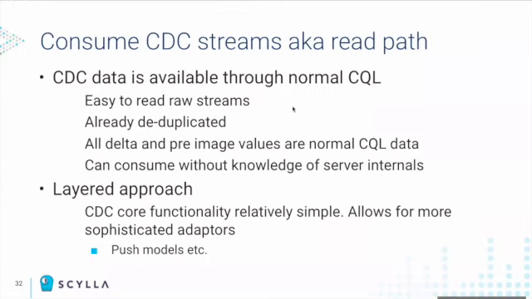Not just the pre-image, but also the deltas, and not just the post-image, but also the deltas and the pre-image. And you can consume all this data without knowing a whole bunch of distributed systems magic, which we know is not trivial. The core functionality is very simple, but it allows you to build more advanced things on top of it, which we will discuss more in the later part of the presentation. Next slide.